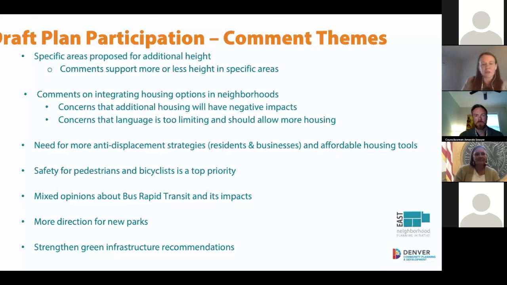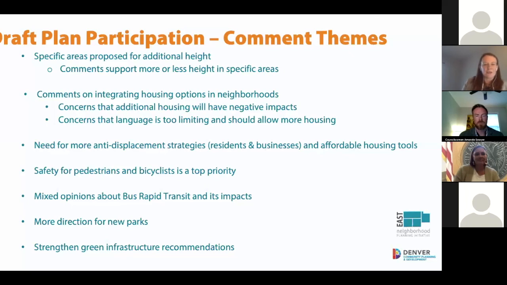For housing options in neighborhoods, again, we're hearing from both sides: concerns about additional housing and some of the negative impacts people feel it may have, and concerns that our language is too limiting and should allow for more flexibility and more housing in our residential neighborhoods.